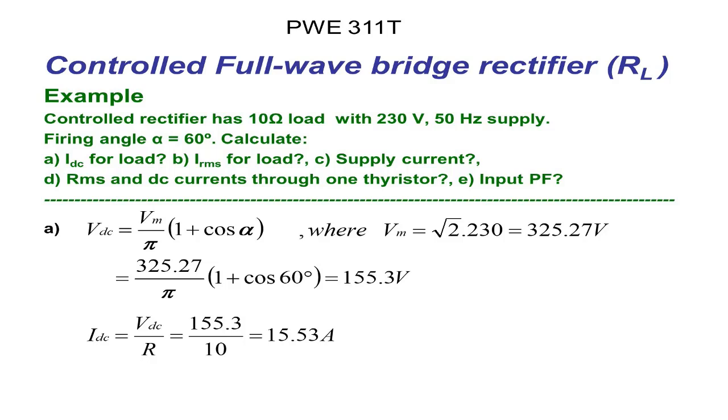We have a controlled rectifier which has 10 ohms with 230 volts, 50 hertz. The firing angle is 60. You are asked to calculate IDC, IRMS for the load, the supply current RMS and the DC current through the thyristor, and also calculate the input power factor.